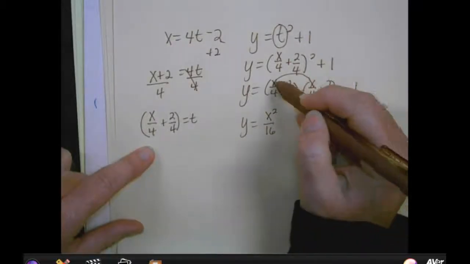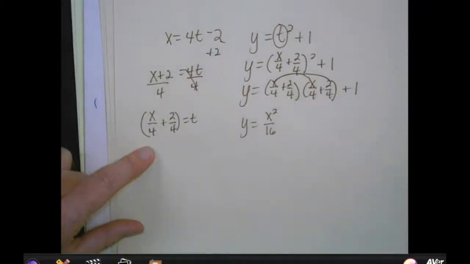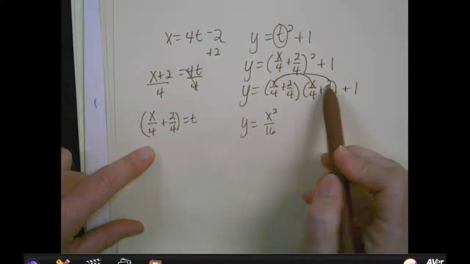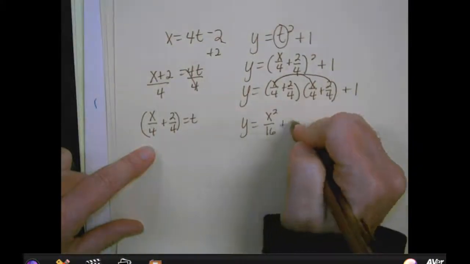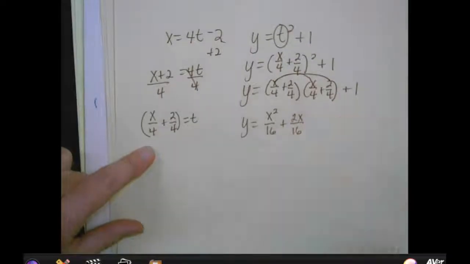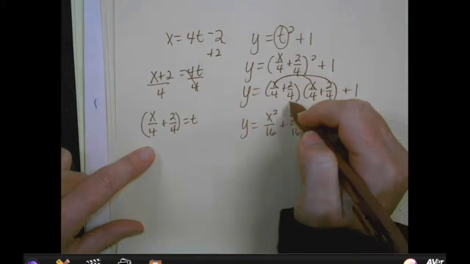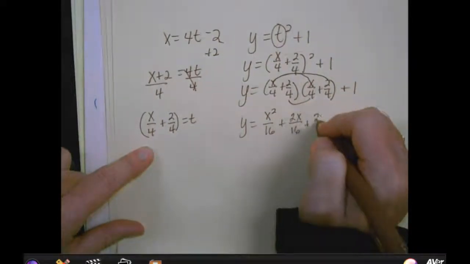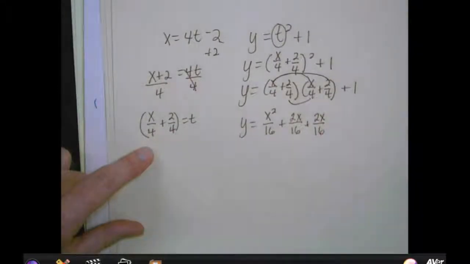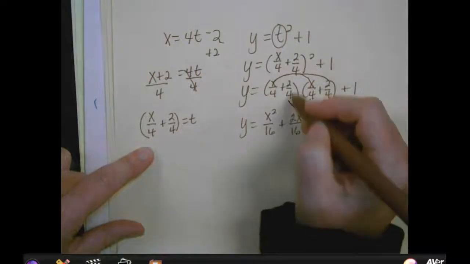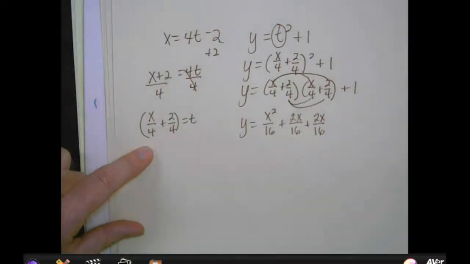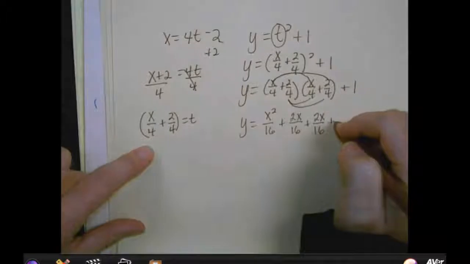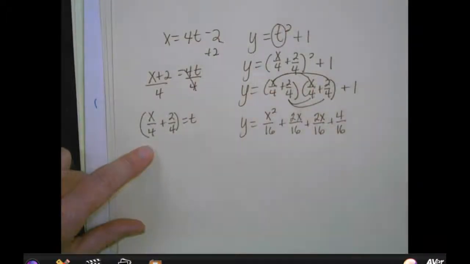Then I'm going to take this times this. 2x over 16. And then we're going to take this times this. So I'm going to get 2x over 16. And I'm going to take the last one, 2 over 4 times 2 over 4. So 2 times 2 gives me 4 over 16. Don't reduce anything yet.